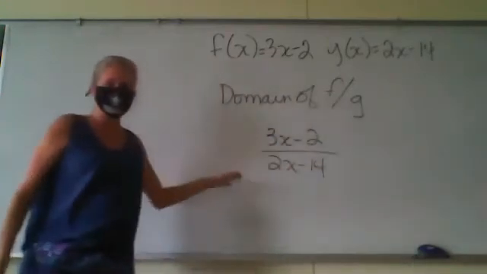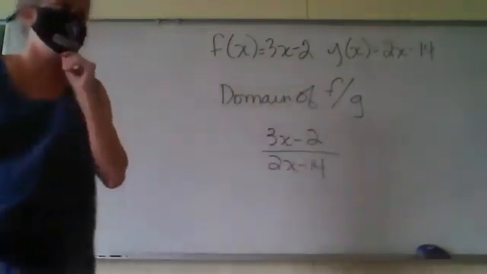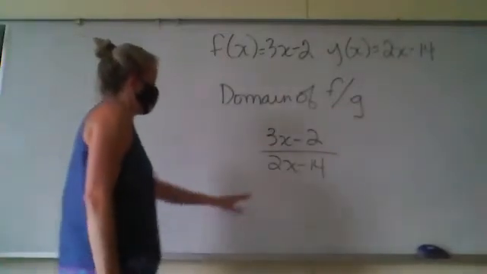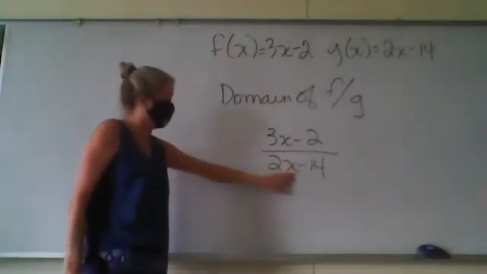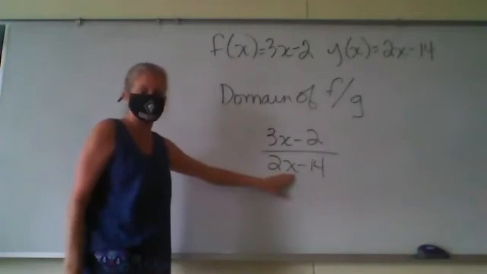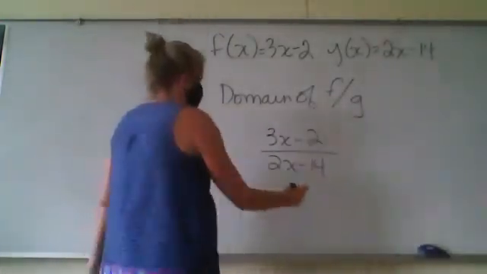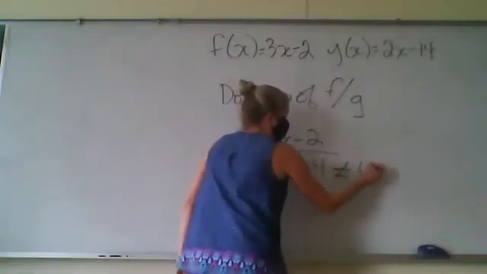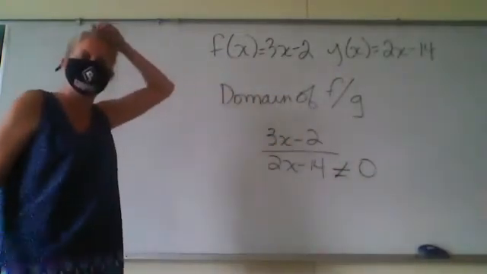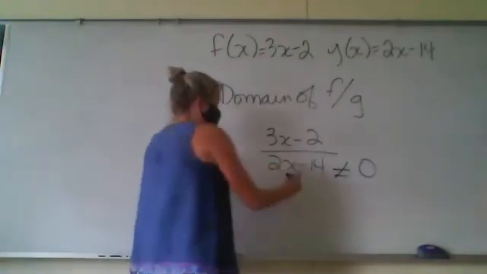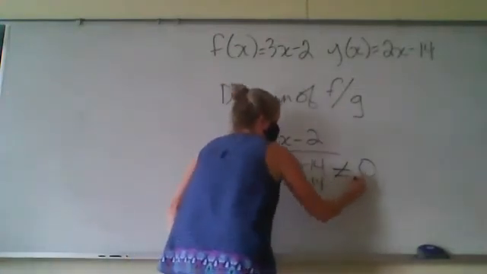So here is what that would look like. Is there an x in your denominator? Yes, there's an x right here, which means we need to find the restriction because 2x minus 14 can't equal 0. So let's see what happens. If I solve this, I'd add the 14 to both sides.